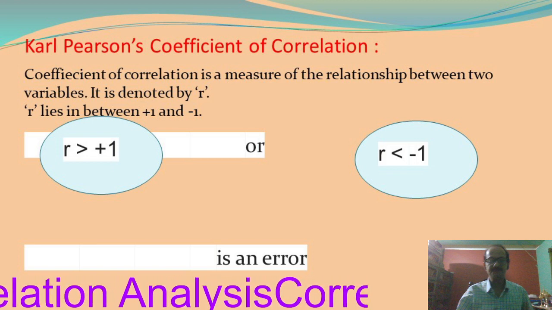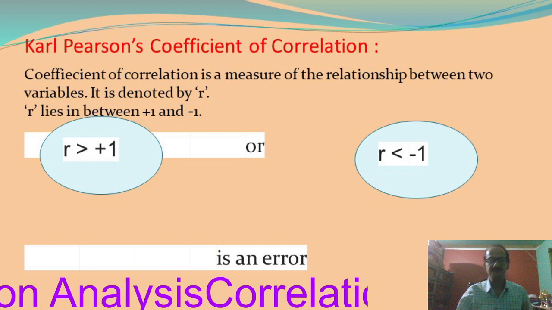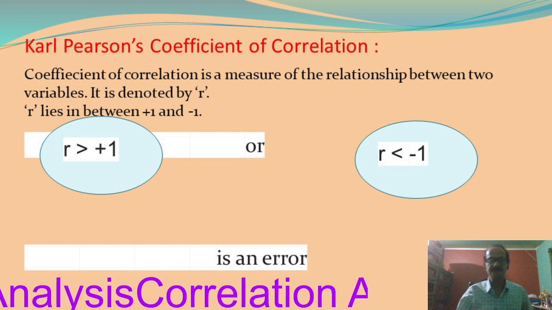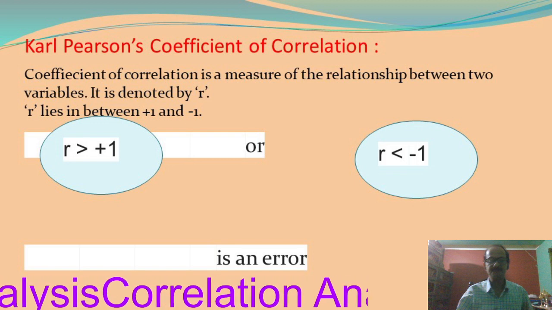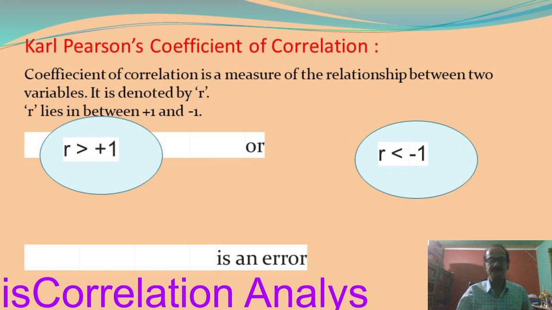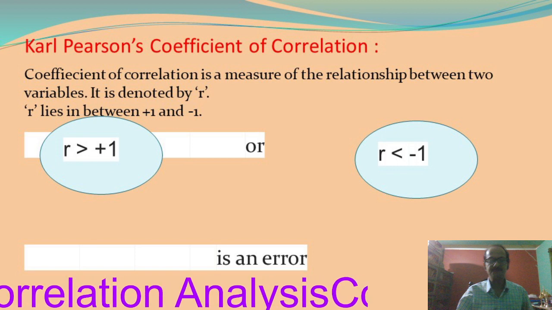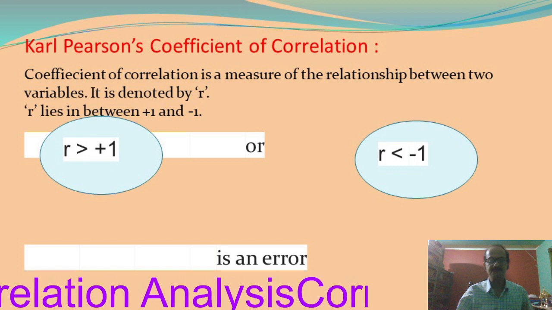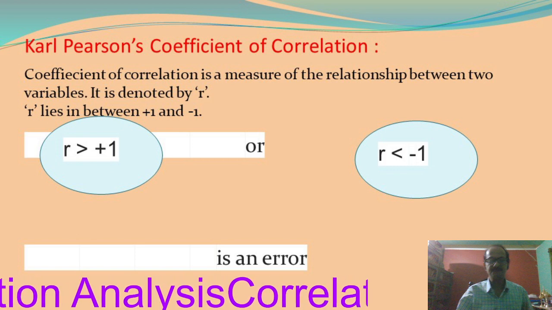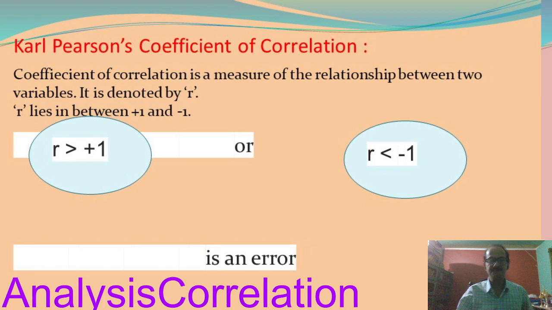According to calculation, the coefficient of correlation is denoted by small r, and the value of r lies between +1 and -1. But a value of r exceeding +1 or less than -1 is an error. So r should be between +1 and -1.